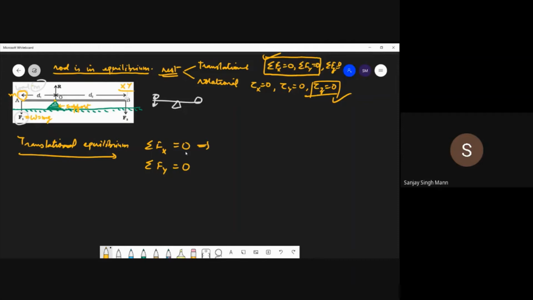So I'm finding the forces on the rod, the massless rod. How many forces are there on the rod? First, F1, that is equal to the weight of the load, that is mg, downward, right?